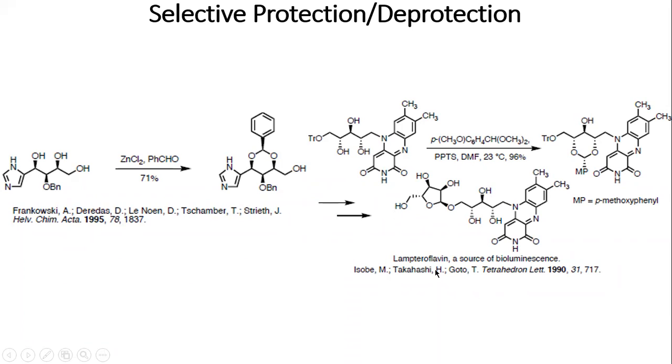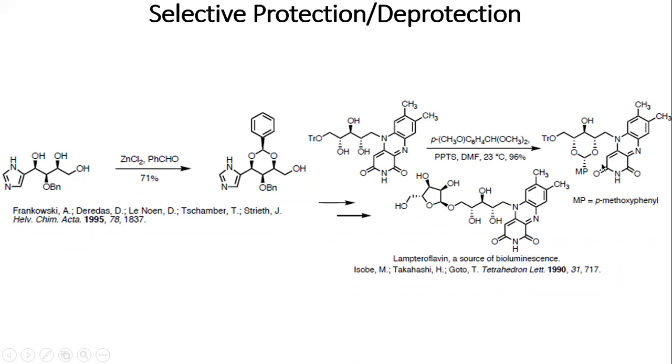So right here, this is lampteroflavin. It's a bioluminescence agent, and this is done by Asobi. And you can see right here, you have a Troc protecting group that's on here, and you have a 1,2 diol here and a 1,3 diol here, right?